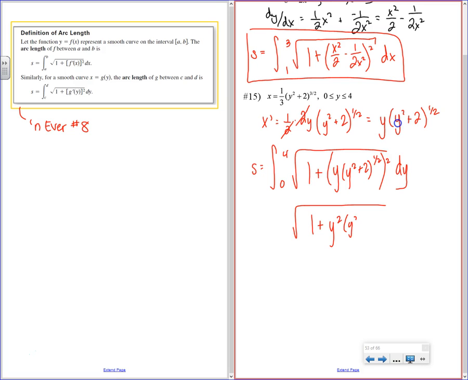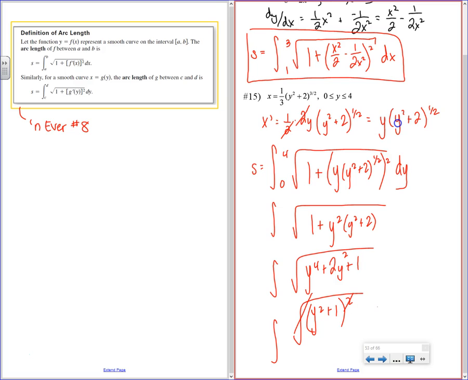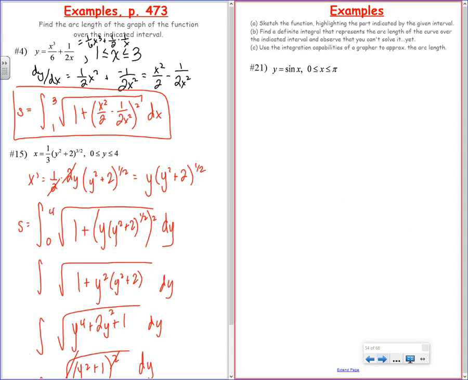So you just end up with y squared plus 2. Then couldn't you make that y to the 4th plus 2y squared plus 1? Then couldn't you just make that y squared plus 1 quantity squared? Oh, I factored. So are you telling me you can't integrate any of these by hand?